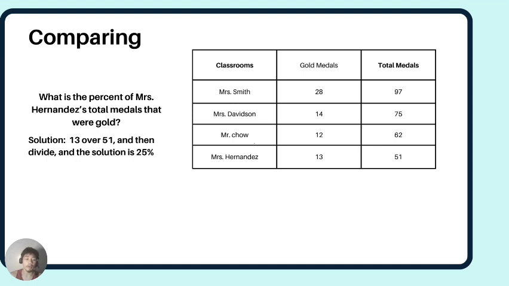So we have 13 over 51, and then we have the solution of dividing it. You just get your calculator and divide 13 over 51. And here we have the solution of 25%.